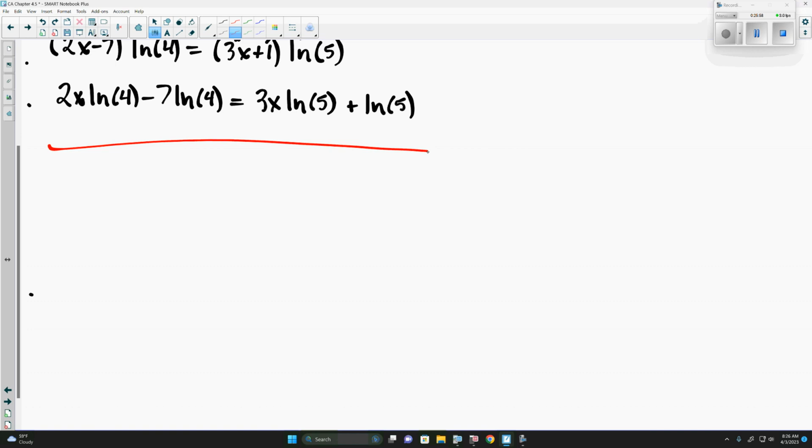Now at this point, once we have this set up, we need to get the x's together and we need to get the numbers together. So one of the first things we can do is add 7 ln of 4 to both sides. We can also subtract 3x ln of 5.